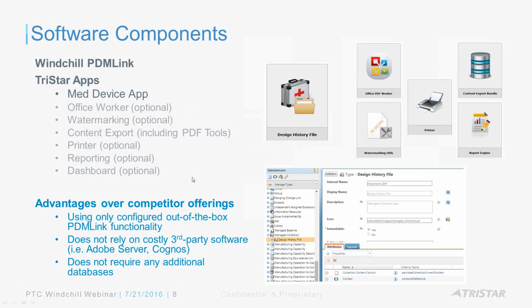There are other apps which are optional, things like the Office PDF worker that will create PDFs out of Office documents like Word, Excel, PowerPoint, watermarking utilities, content export for generating neutral files out of CAD documents, a printer app which allows users to mark up a change form in Windchill or any type of document and save that markup back into the actual PDF of that document, as well as some of the reporting and the dashboard tools.